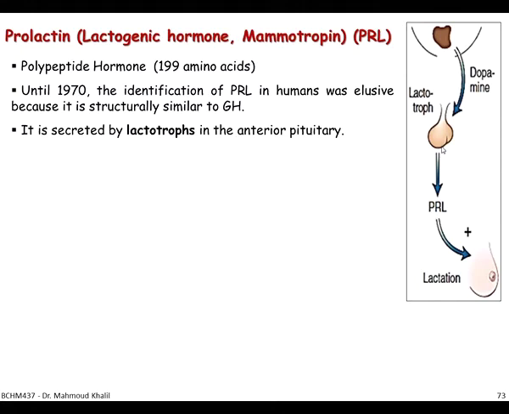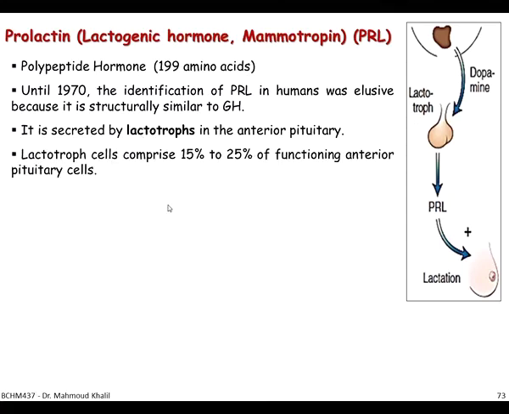So scientists managed by 1997 to separate and identify prolactin. It is secreted by a specific cell type in the anterior pituitary gland called lactotrophs, which represent around 15 to 25% of the functional anterior pituitary, up to about a quarter of its cells.